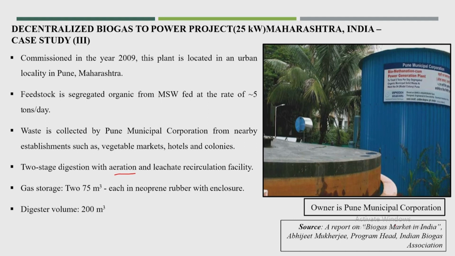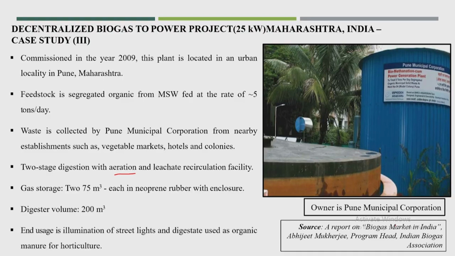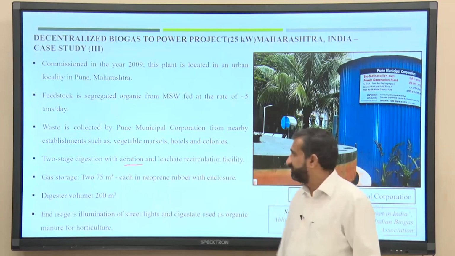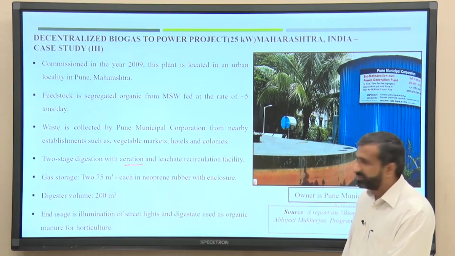Gas storage tanks of 275 meter cube are available. The digestate volume is 200 meter cube, and the end uses are illumination of street lights, and digestate used as organic manure for horticulture purposes. So, this is specially for MSW.